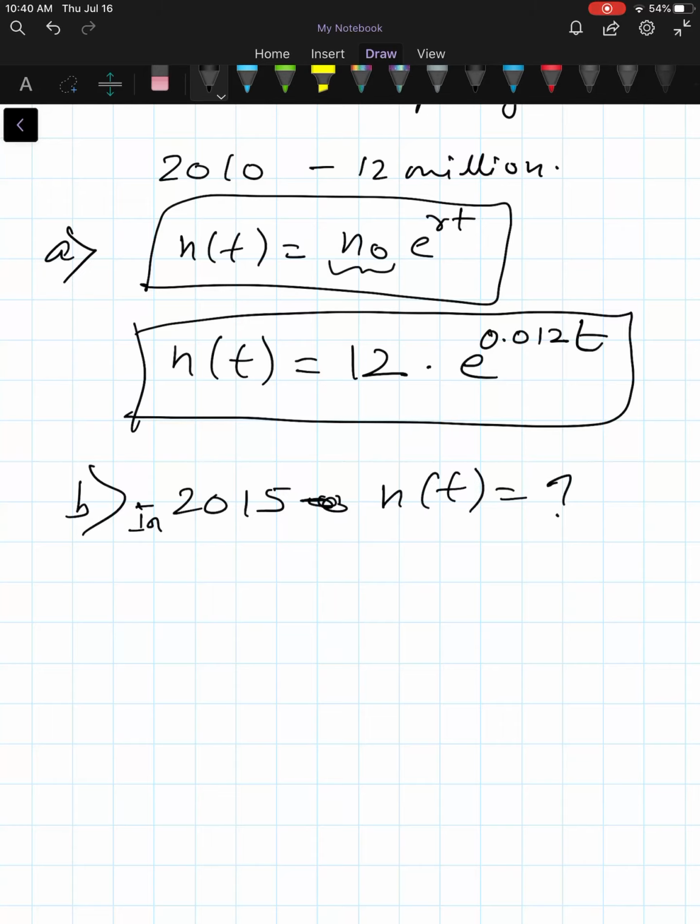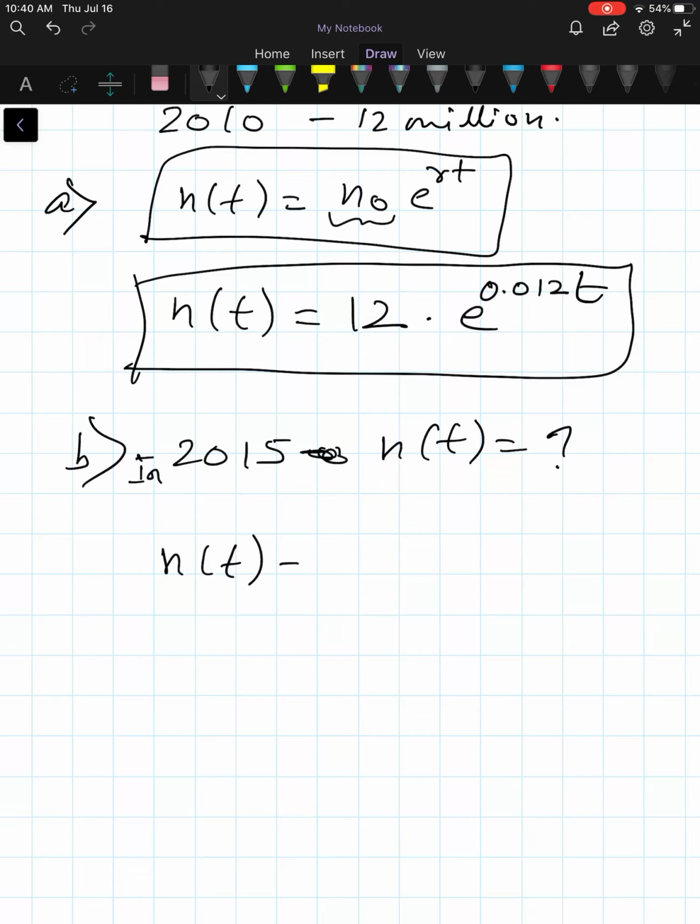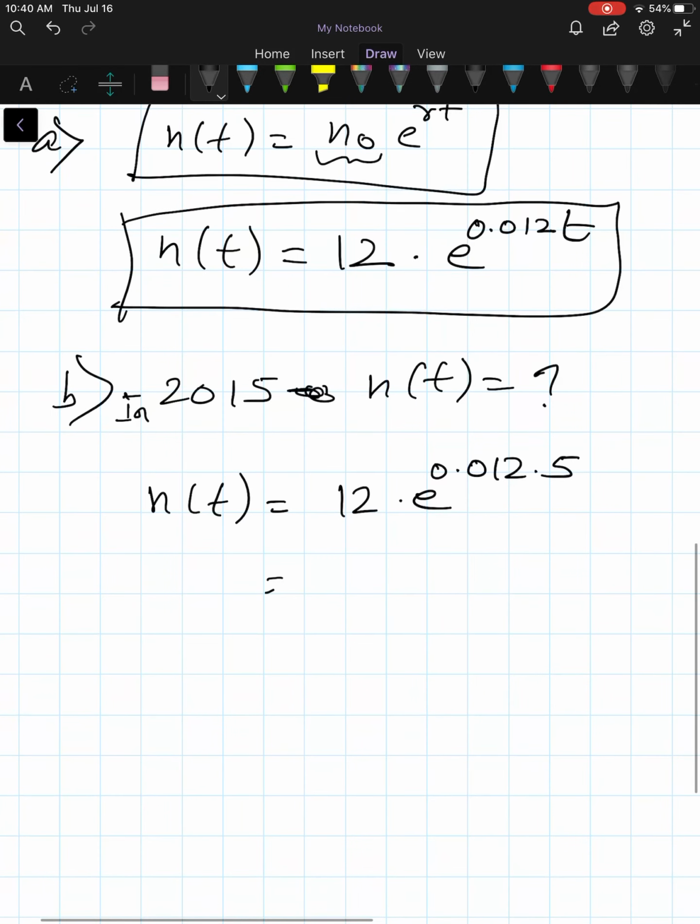N of t is what is the population of the fish? So N of t is equal to 12 times e to the power of 0.012 times 5, since 2010 to 2015 is 5 years.